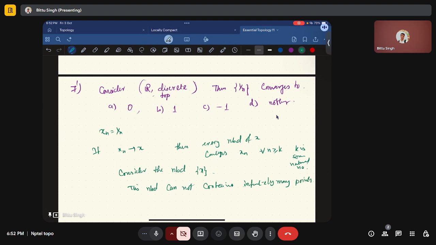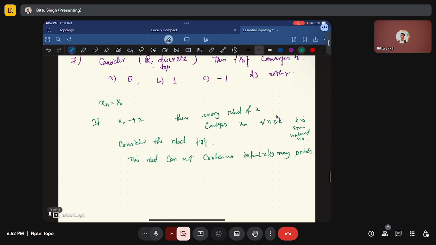So it cannot contain all those xn for n greater or equal to k. Therefore, xn cannot converge. It does not converge.